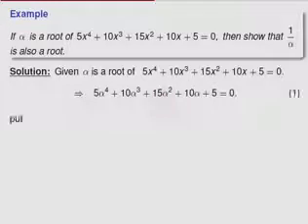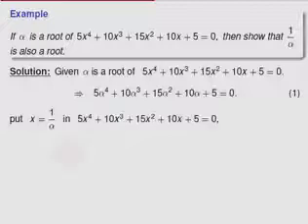We can call this equation 1. So what we have to show in this problem is that 1 by alpha is also a root of the given equation, so we can replace x by 1 by alpha in this equation.